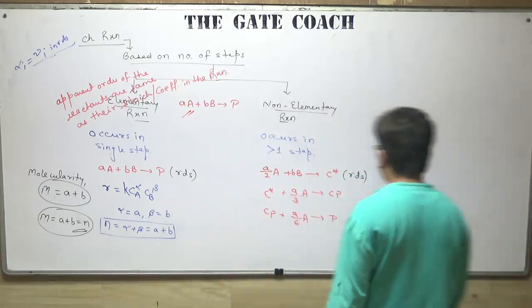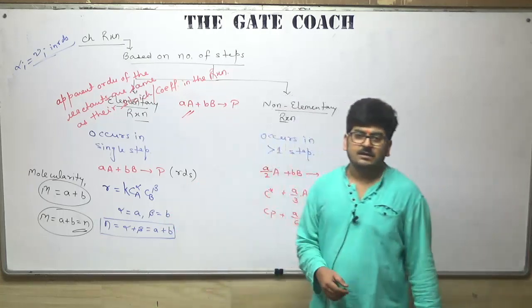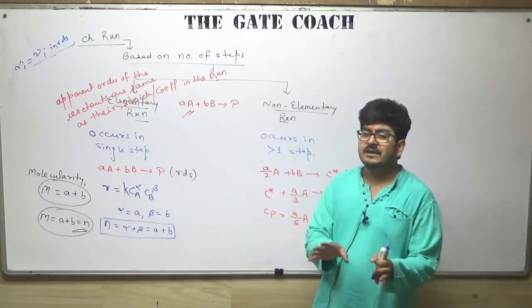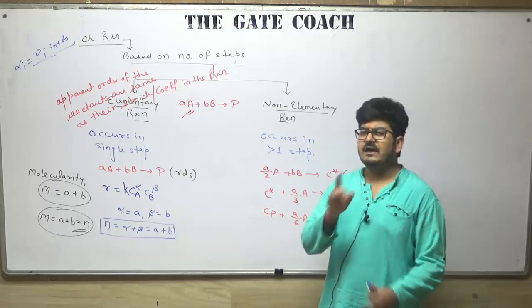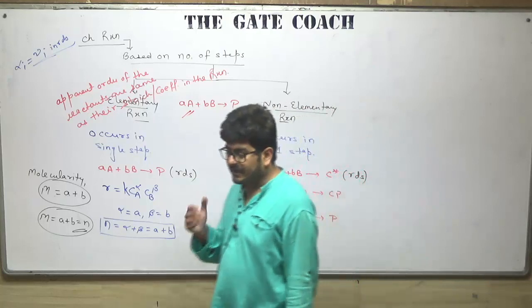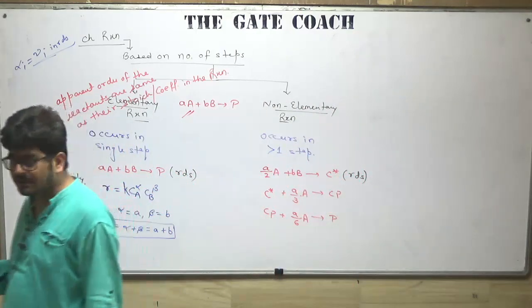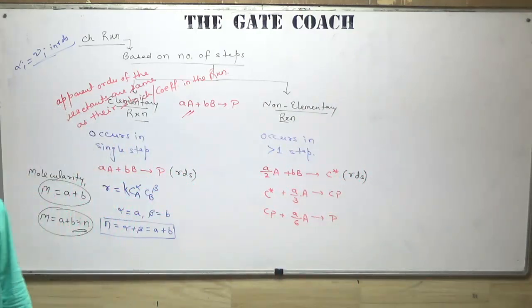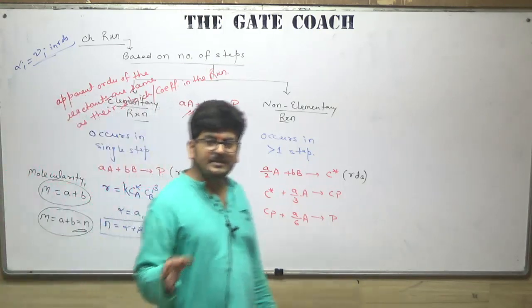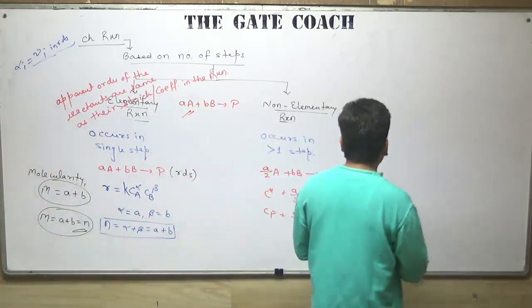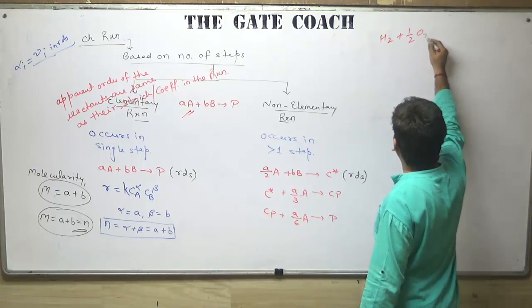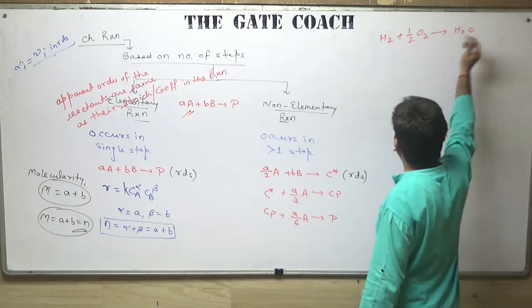So remember this thing. If you want to identify whether the given reaction is elementary or not, we have one idea. Obviously we cannot identify every reaction, but at least we can identify some of them as elementary or non-elementary. For example, water synthesis, H2 plus O2 gives H2O.